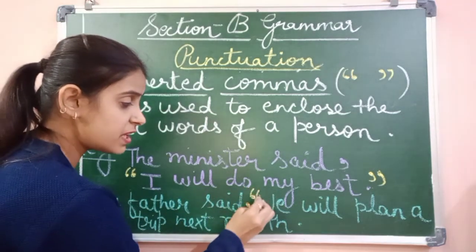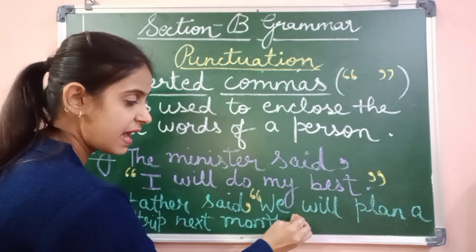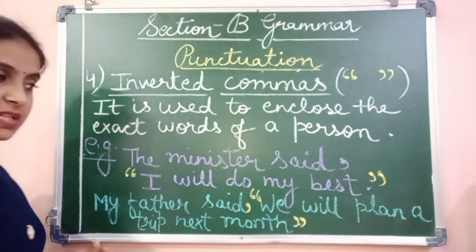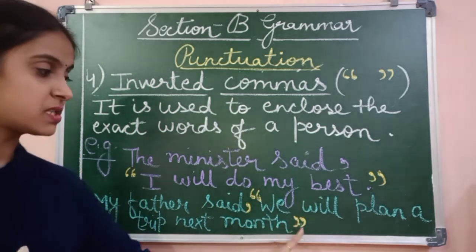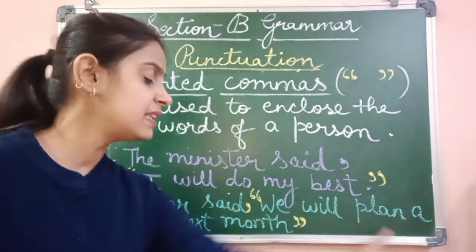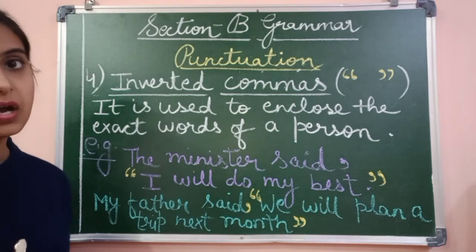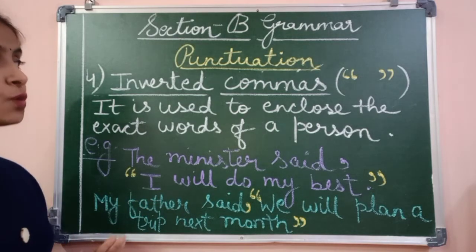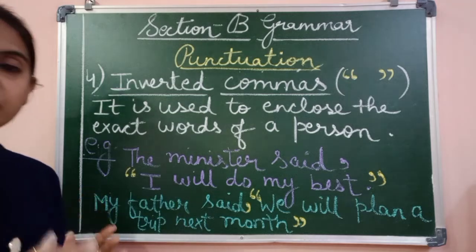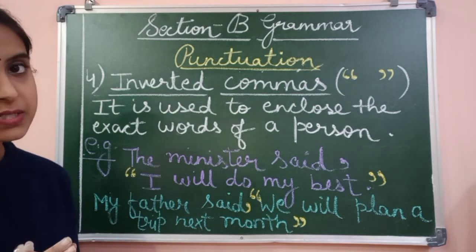And here we open the inverted commas and here we close them. Right? So these inverted commas show that these are the exact words of my father, the speaker. I hope it is clear to you. We use inverted commas to put the exact words of the speaker.